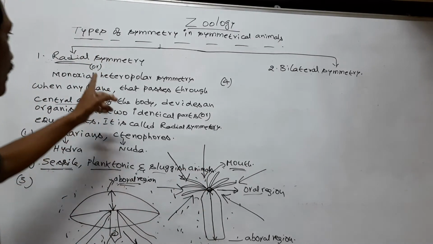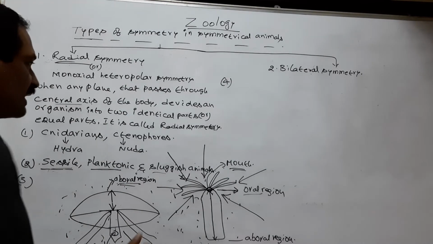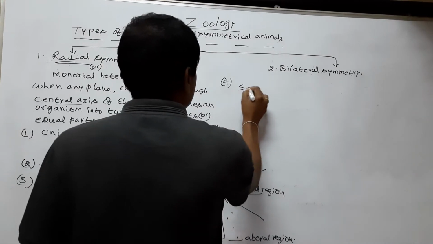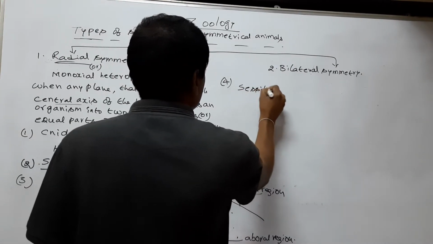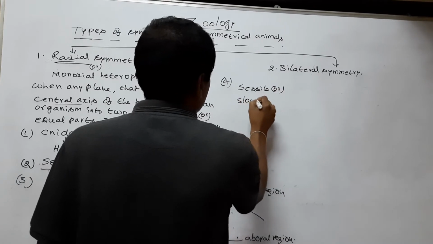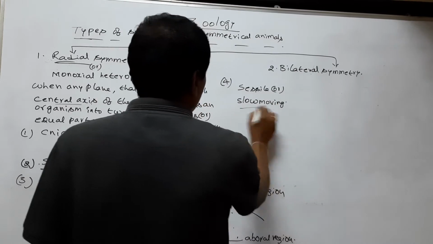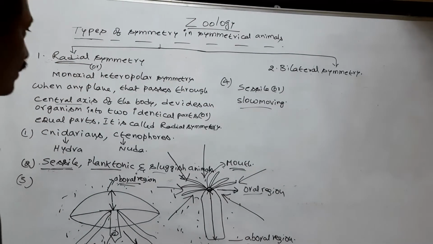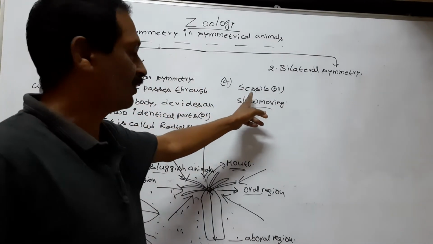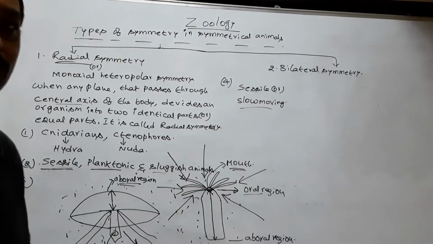So radial symmetry is useful or an advantage to sessile or slow moving animals.